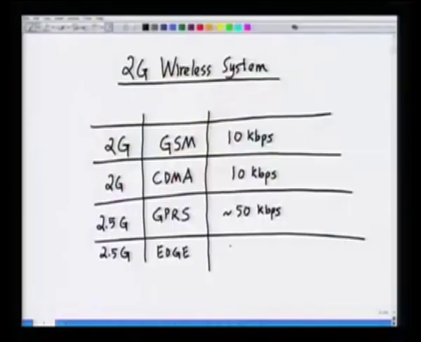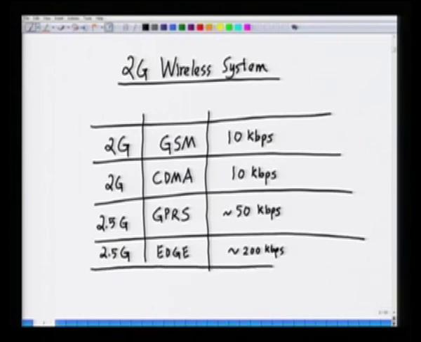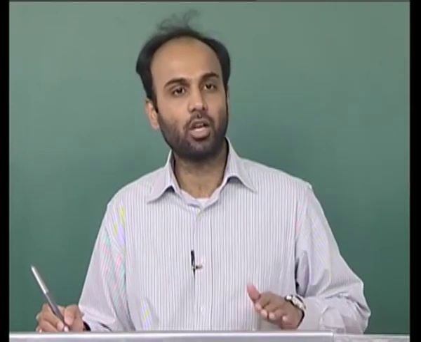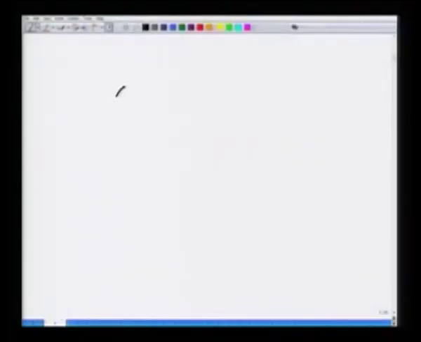EDGE has a data rate of approximately 200 kilobits per second. These constitute the broad family of 2G, that is second generation, and 2.5G standards. Let me give you a list of these acronyms for more clarity.